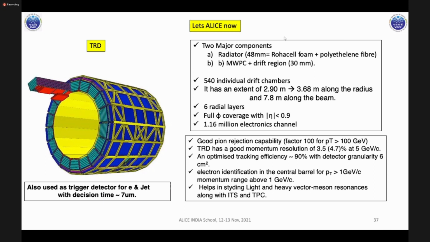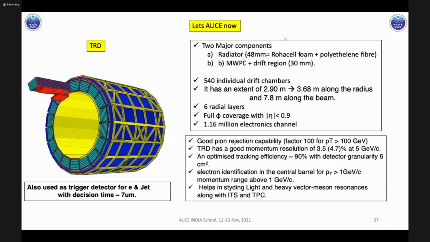And it helps in studying light and heavy vector meson resonances along with ITS and TPC. As I was saying, there needs to be a synergy between this TRD and the TPC, and that is required for, for example, heavy vector meson resonances measurement.